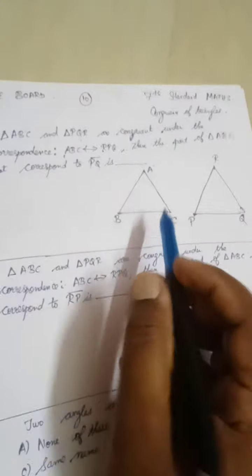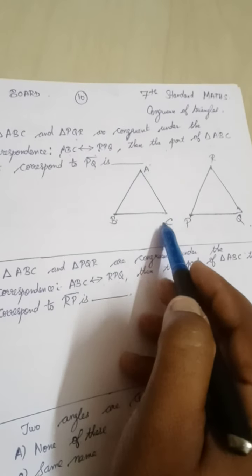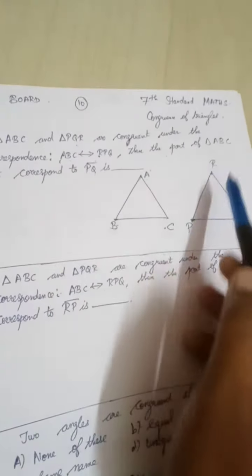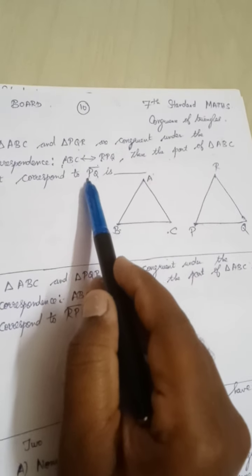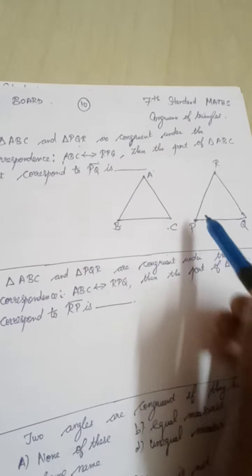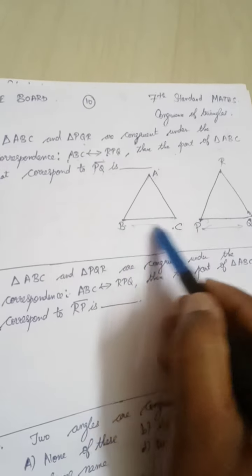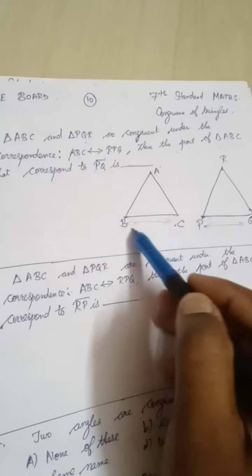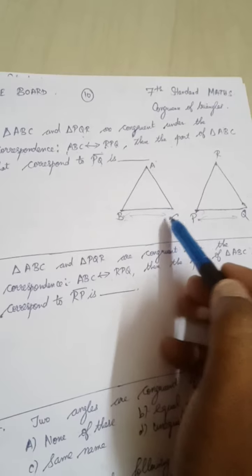In this triangle ABC, RPQ. Angle PQ is congruent to which one? This is angle PQ. Angle PQ is congruent to BC.